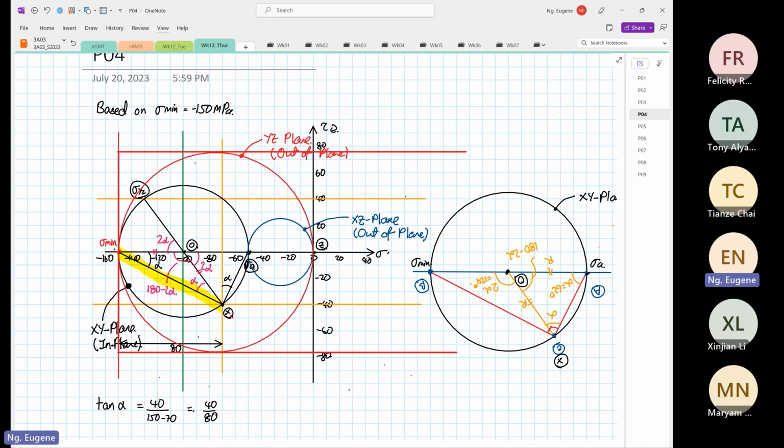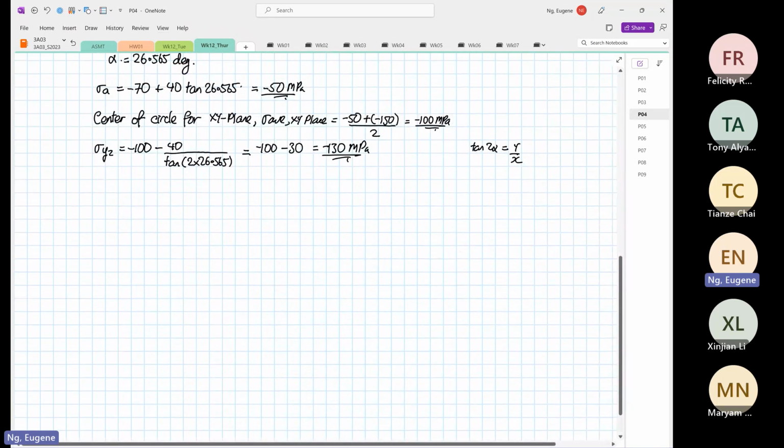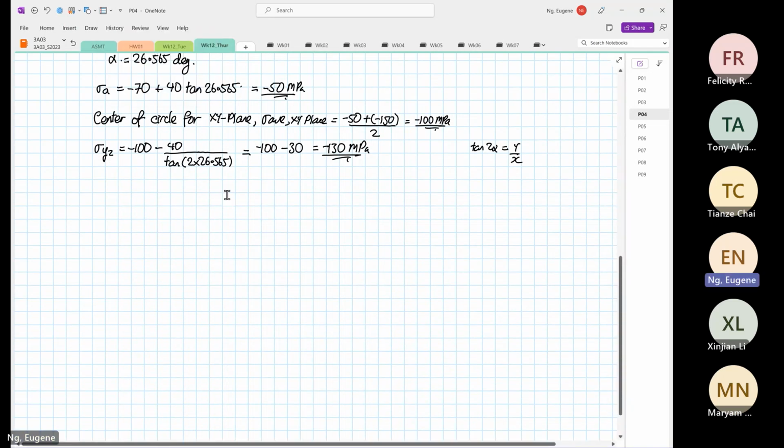No doubt, this one you'll see all the three circles are inside the box, and it's still wrong. Okay, I'll show you again. So we draw another possibility. Okay, we draw another possibility.